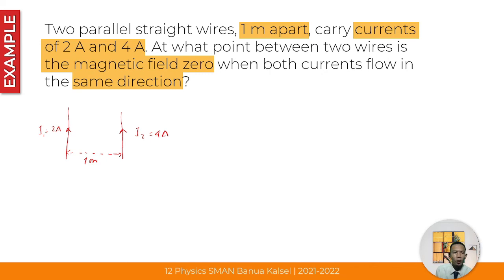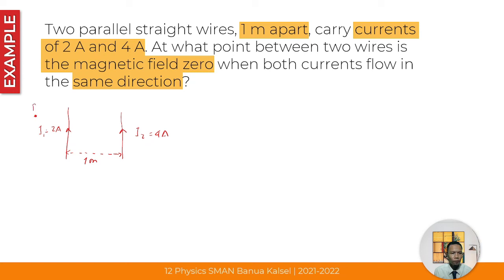If one is coming in and the other coming out, maybe it will be in between, because to find the magnetic field equal to 0, we have to make sure both magnetic fields have different or opposite directions. One can be coming in, the other coming out. For example, let's take a look here.